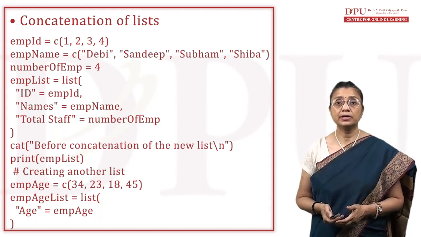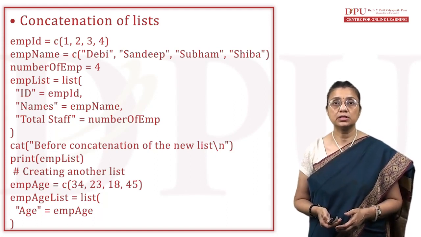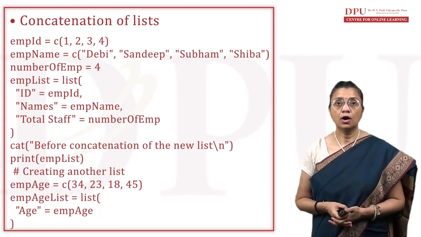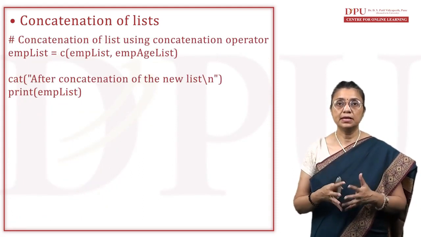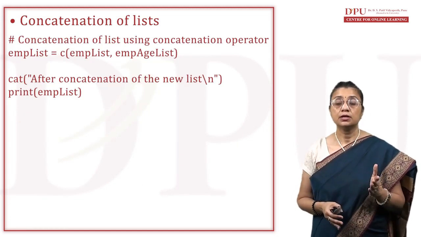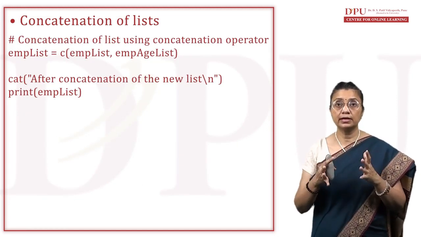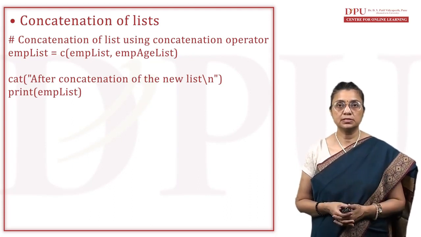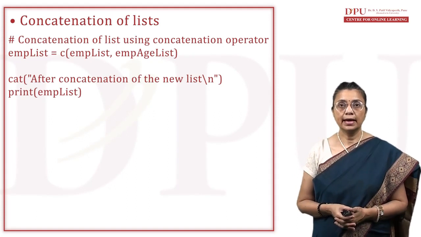Now I'm trying to concatenate the lists with the help of the concatenation operator. So I am using emp list, which is equal to c. Now c is my function which is concatenating the two lists. You can see the first one is the emp list and the second one is the emp age list.